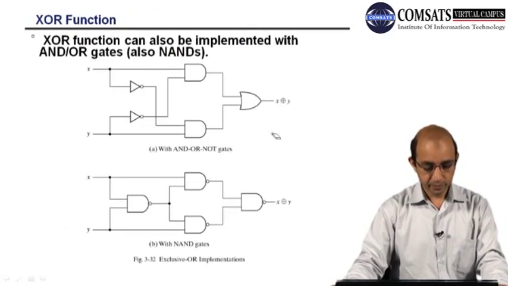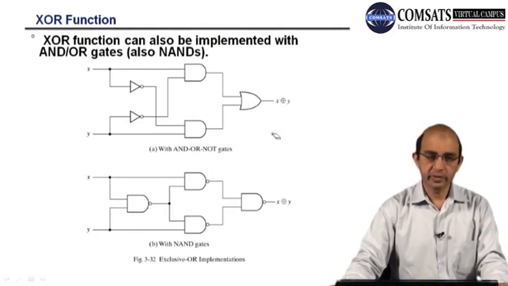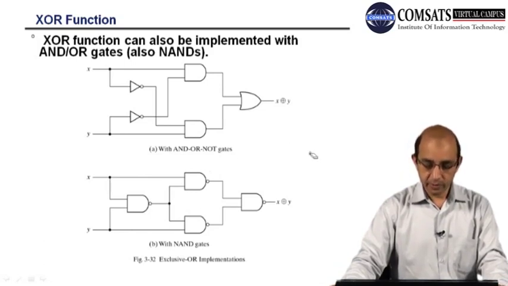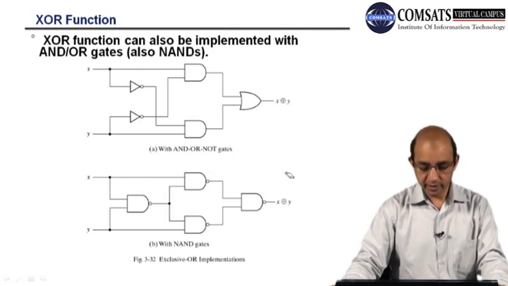We can also represent XOR and XNOR functions with NAND gates. Here we have shown the XOR representation using NAND gates. If you compute this Boolean function, you will see that this is the exclusive OR implementation.